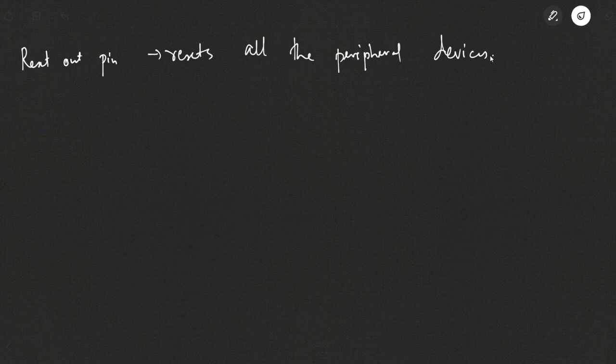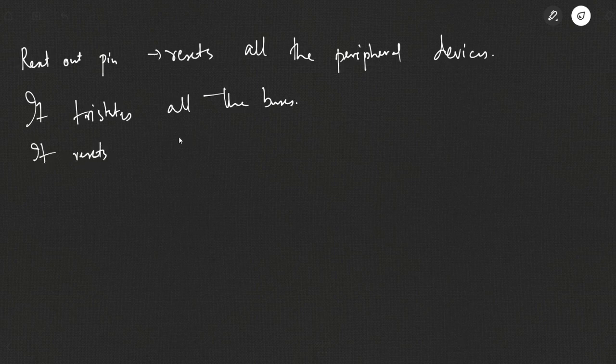That means it will also tri-state all the buses. So during this state, the peripheral devices are reset, the buses are tri-stated. It also resets the halt flag.